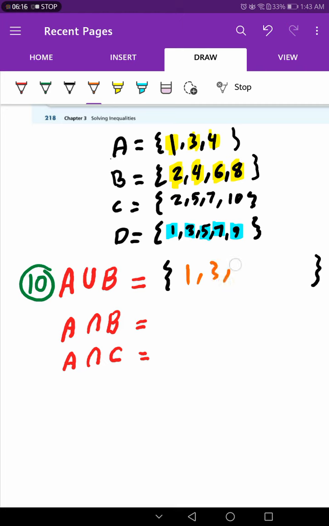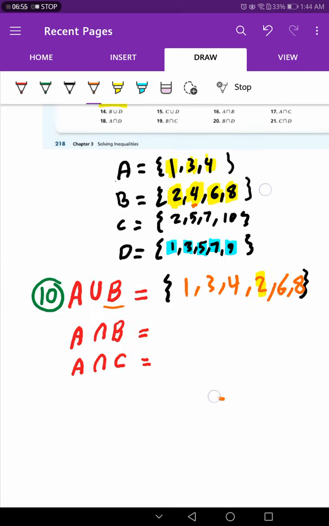And he asked me to join them with the B elements, which are 2, 4, 6, and 8. Which is 2, 4, but here I already have a 4, no need to repeat, then 6 and 8. No repeats, remember that. You can mention each element only one time. Okay, we are done with number 10.